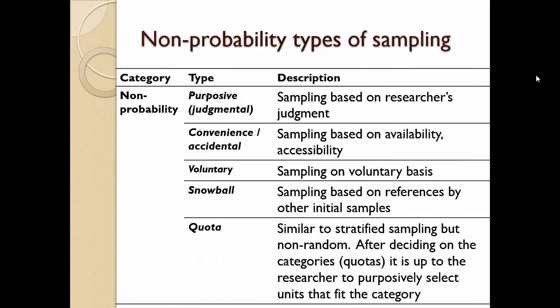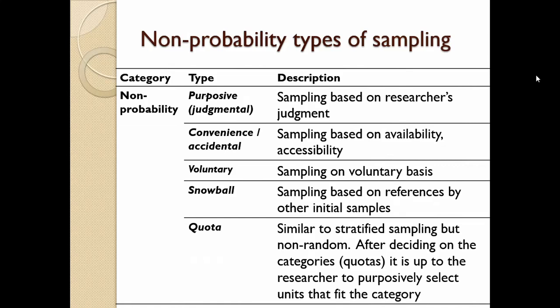So you have purposive, which is judgmental, but sometimes it is not considered as a subset, because generally non-probability sampling is considered as purposive. But just to be fair, this is sampling that is based on the researcher's judgment. So it's up to the researcher to determine who can belong to the study.